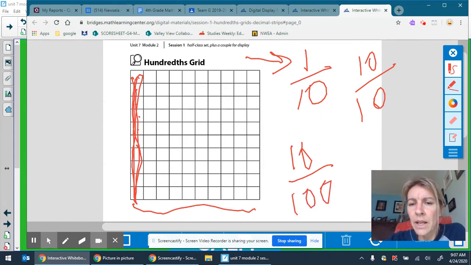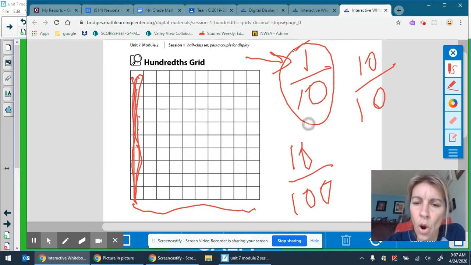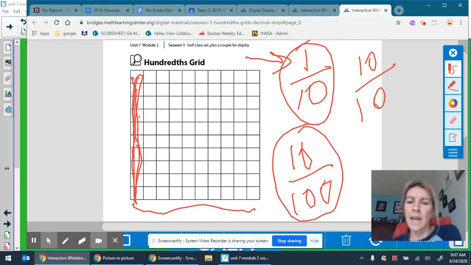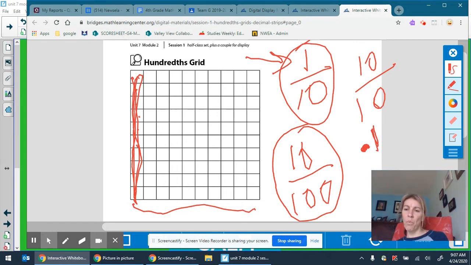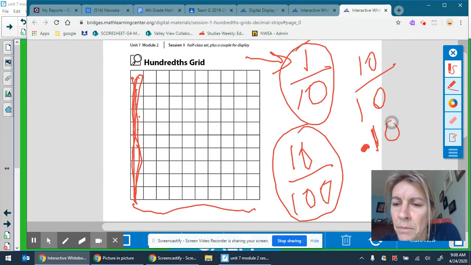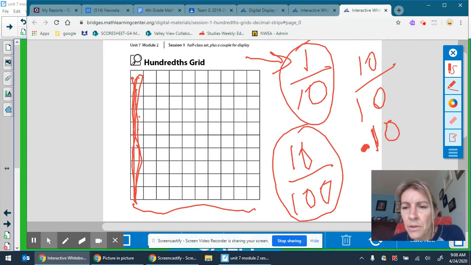I know you've been working on this, but this is just a real quick review of it. So this 1/10 is totally equal to 10 out of 100. And as a decimal, if you have 10 cents, we write it 0.1. That's 1/10, that's the tenths spot. Or this means the same thing, 0.10, 10 hundredths.